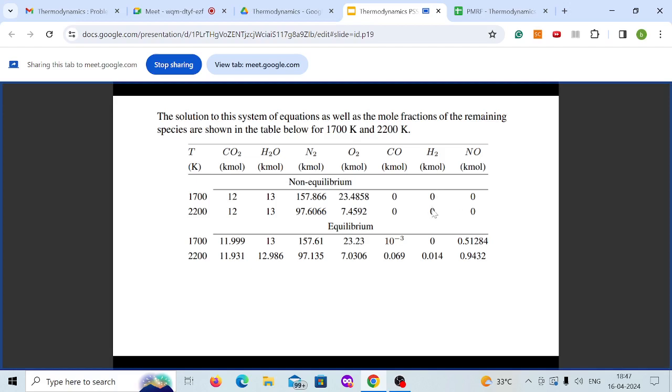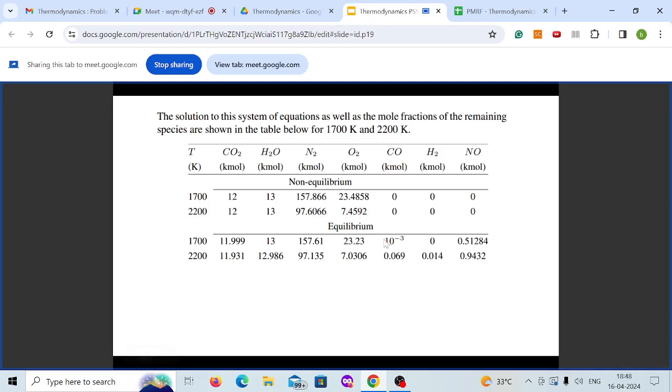So the solution to the system of equations will be, when we assumed the non-equilibrium case in the previous week, the expression we found out that at 1700 you have nitrogen 157.866 kilomole and oxygen 23.4858, and at 2200 Kelvin correspondingly 97.6066 and 7.4592.